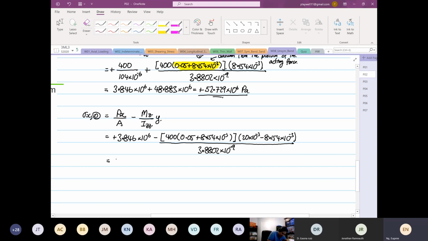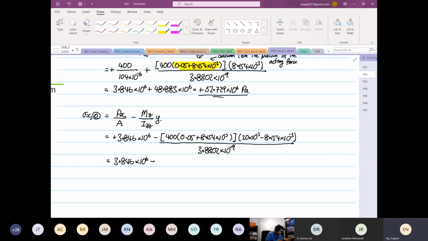So this will be equal to 3.846 times 10 to the power 6 minus 400 times (0.05 plus 8.154 power minus 3) times (20 power minus 3 minus 8.154 power minus 3) divided by 3.8802 power minus 9.